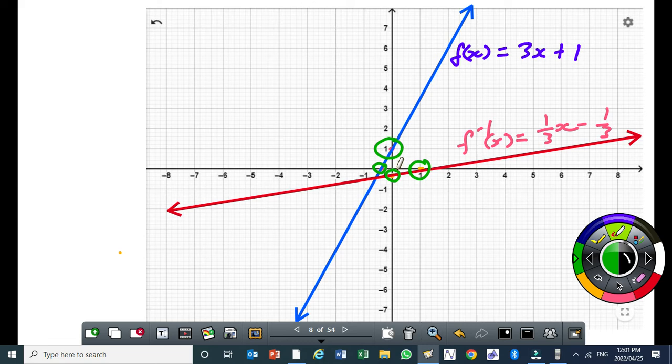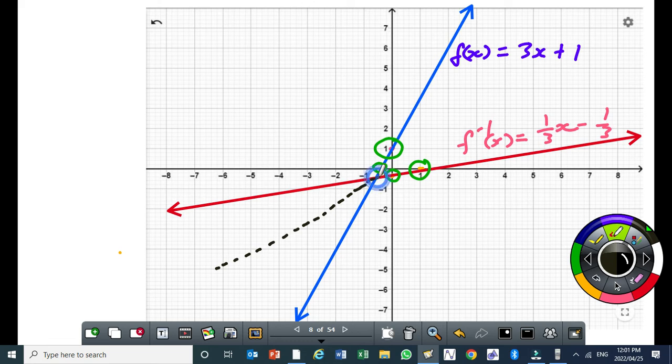Alright? Then, when you are doing this topic, you need to be aware that these two graphs are mirror images of each other about the line y equal to x. So allow me to also sketch the line y equal to x, which passes through the intersection of the two graphs. I don't have a ruler, so I'm going to use my free hand and make sure that my line y equal to x passes through two critical points.